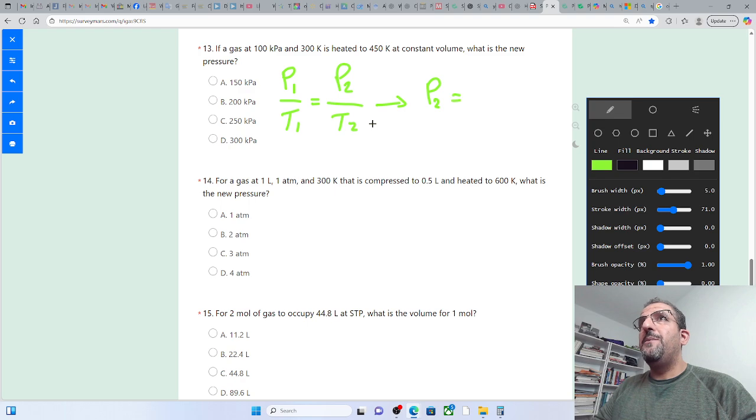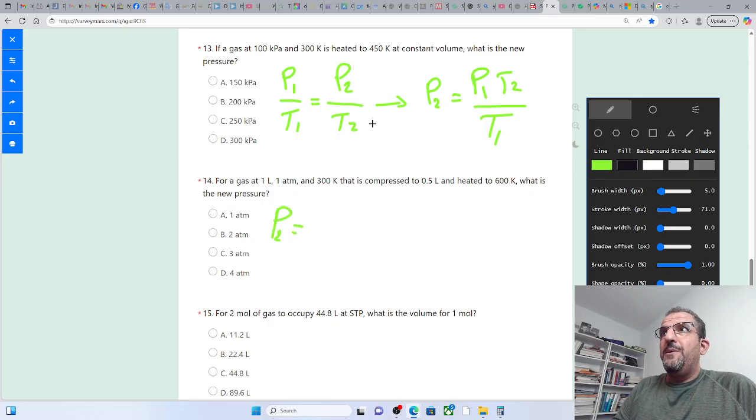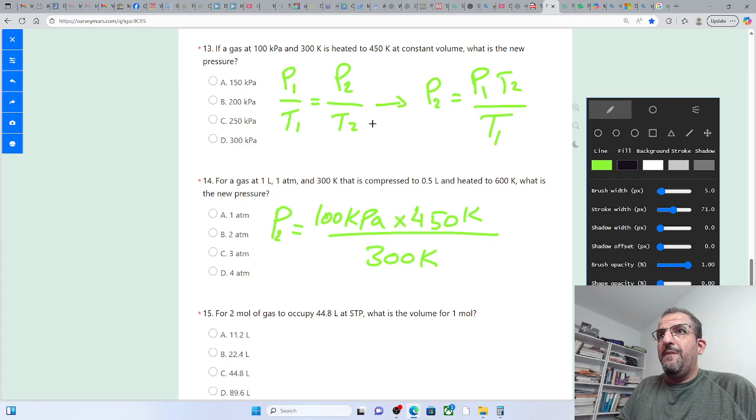So we have P2 is equal to P1 T2 divided by T1. So my mistake, I just added those two numbers. That was a typo, and I should have multiplied them. So I will multiply them right now.